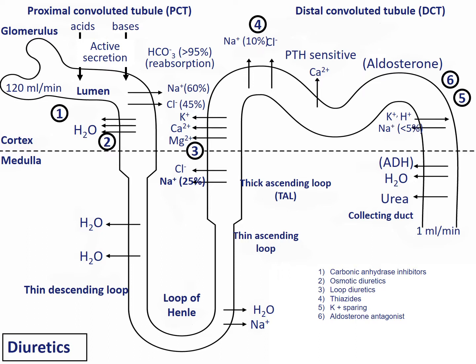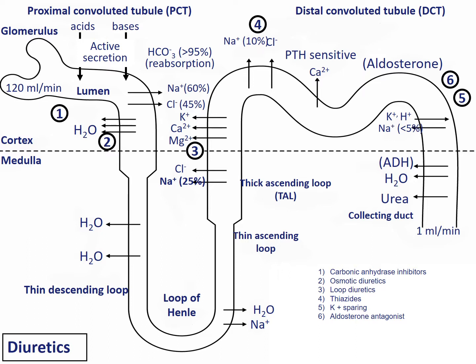Now, as far as where the individual diuretics act, the first one is the carbonic anhydrase inhibitors that basically inhibit the carbonic anhydrase enzyme. The osmotic diuretics basically act at the junction of the cortex and medulla and are the only set of diuretics that will prevent the reabsorption of water and not move sodium.